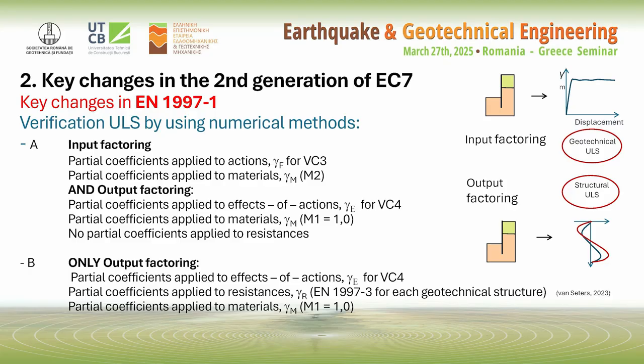There is also a new addition regarding numerical methods. Of course, if we are thinking that the first generation started to develop in the 80s, we didn't have the numerical methods in the previous code. But now we have something, and you can see here that there are two ways to use numerical methods, either by factoring the input values and also some of the output values, and this is used for analyzing geotechnical ultimate limit states.